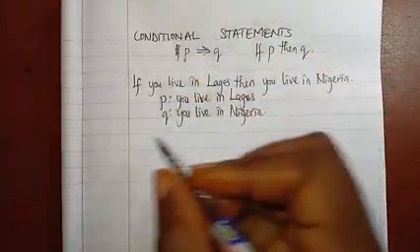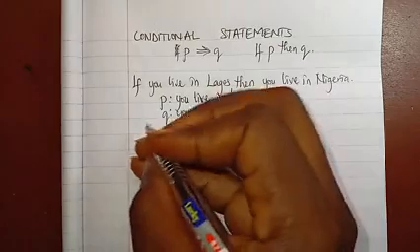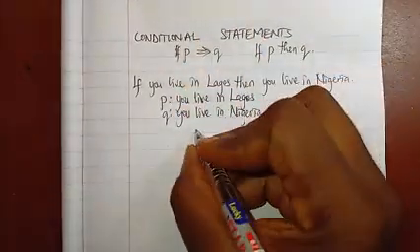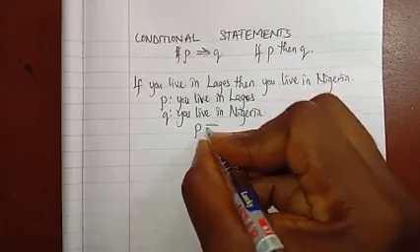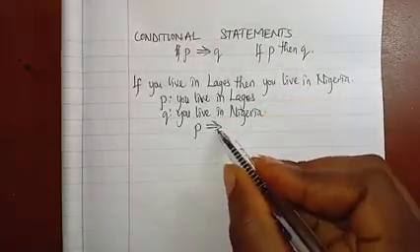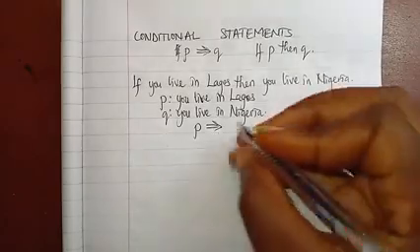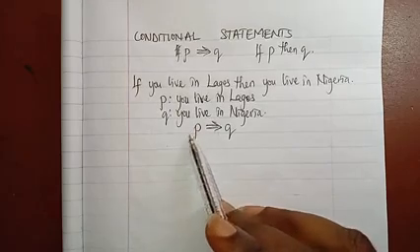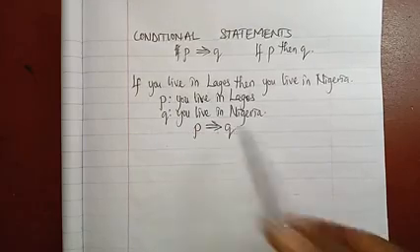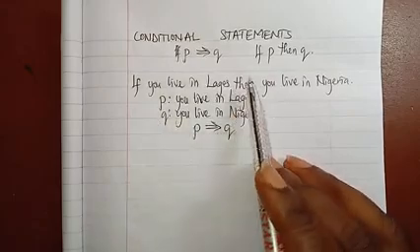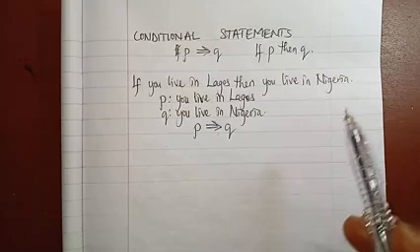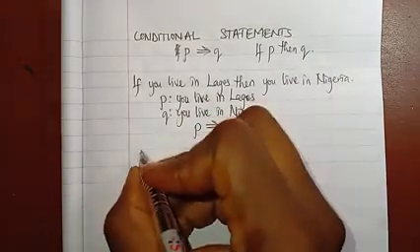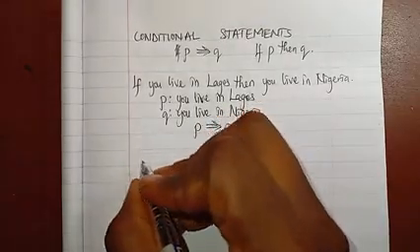So when we want to write the conditional statement in symbol form, we'll say P, and then this symbol that means then or implies that Q. So we can say it in word form. If P, then Q. If you live in Lagos, then you live in Nigeria. Easy, right?